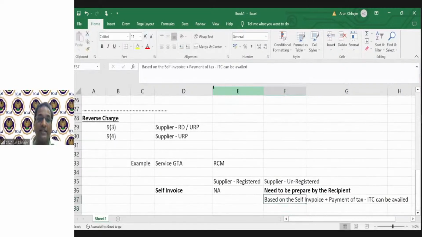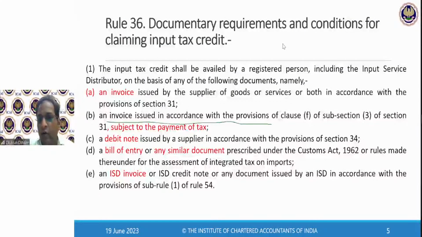And this is what is written in Rule 36. Go back to Rule 36. What is written? It says that an invoice issued in accordance with 31(3)(f), that is self-invoice, subject to payment of taxes. I hope it is clear.